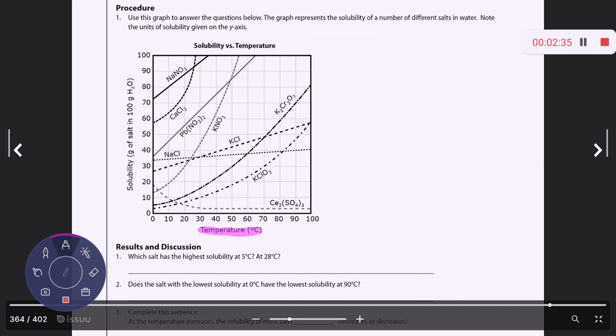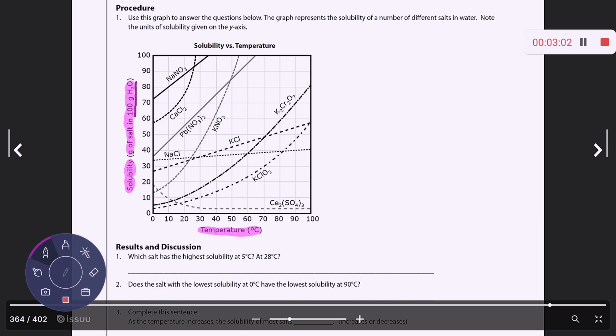Temperature is on the x-axis in degrees Celsius, and then they give you the solubility of the various salts on the y-axis. But pay attention to how many grams of salt are dissolved in how many grams of water. Sometimes they will change the grams of water it's dissolved in. They might make it 200 grams, which means if we were asked to interpret that using this graph, you would have to double the grams that are dissolved.